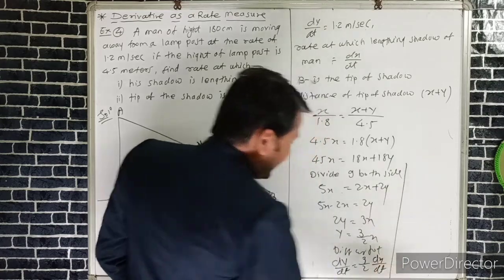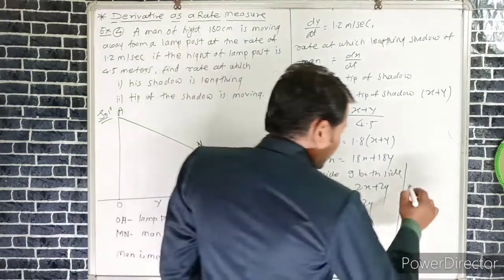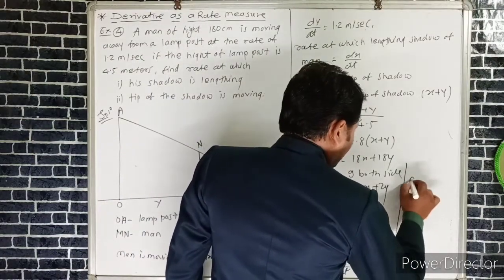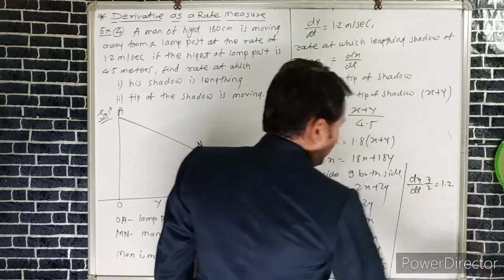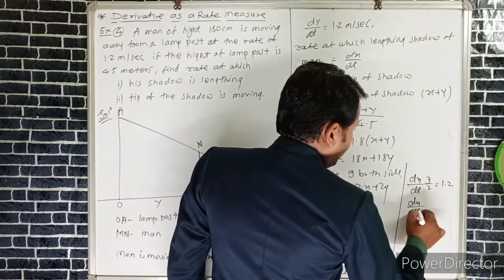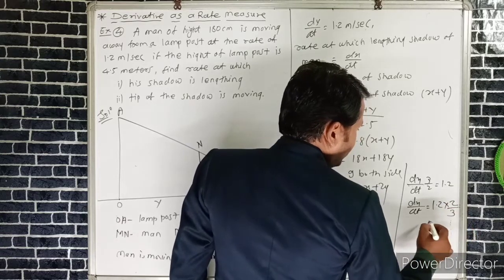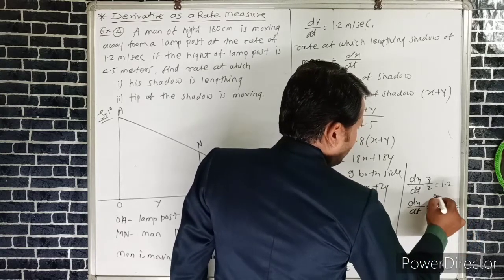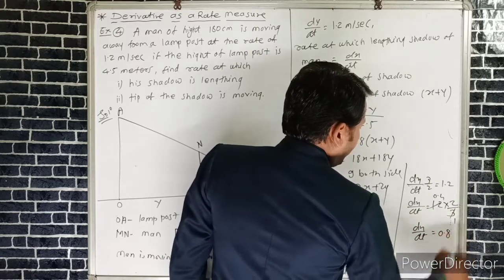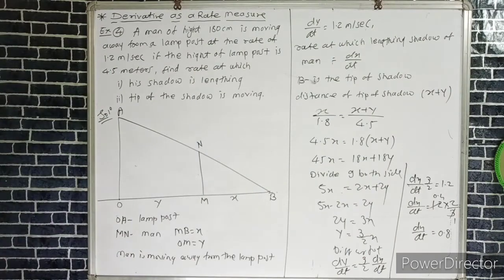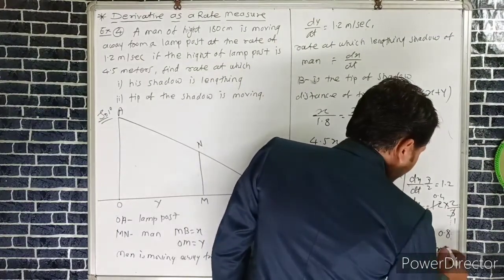We know that the value of dy/dt is 1.2 meter per second, hence 3/2 into dx/dt is equal to 1.2, or dx/dt is equal to 1.2 into 2/3, which is 0.4 into 2. So dx/dt is equal to 0.8 meter per second, the rate of change of the shadow of the man.